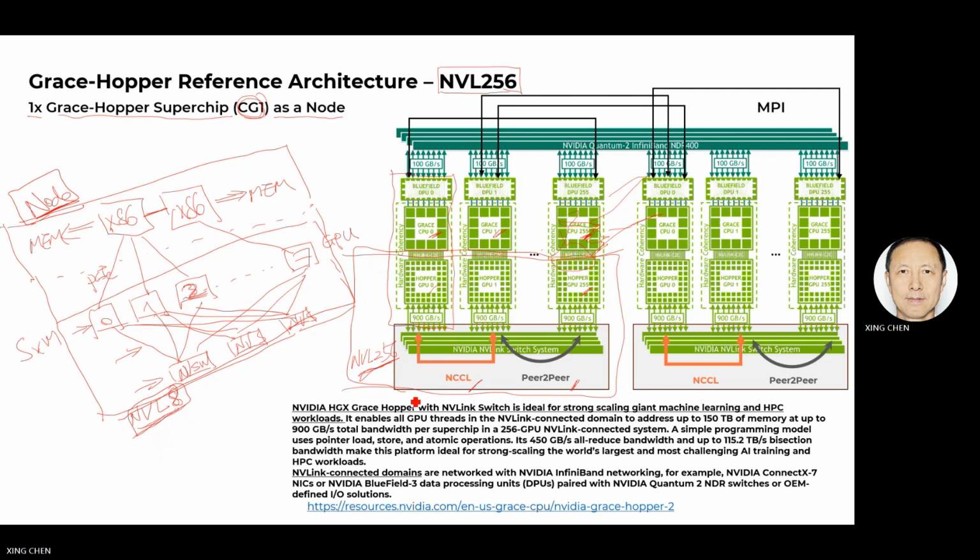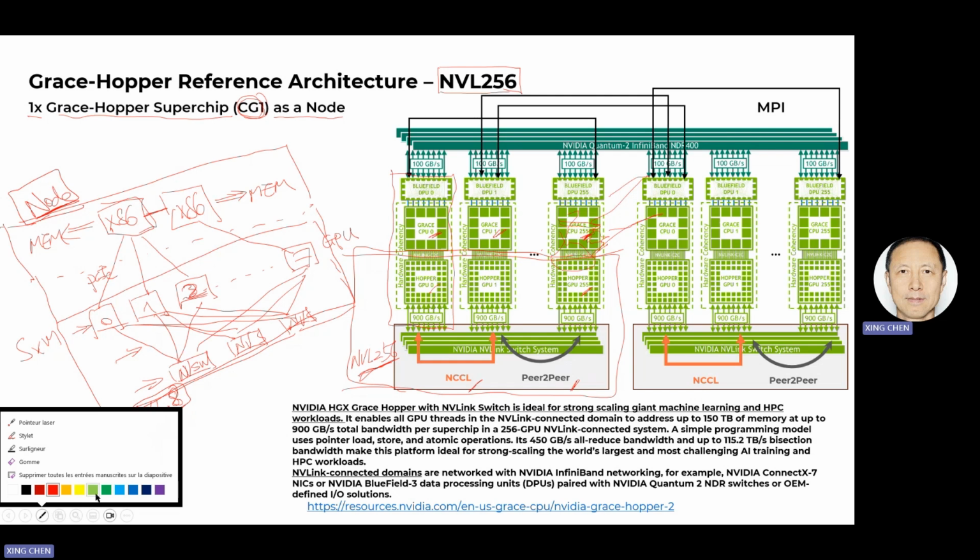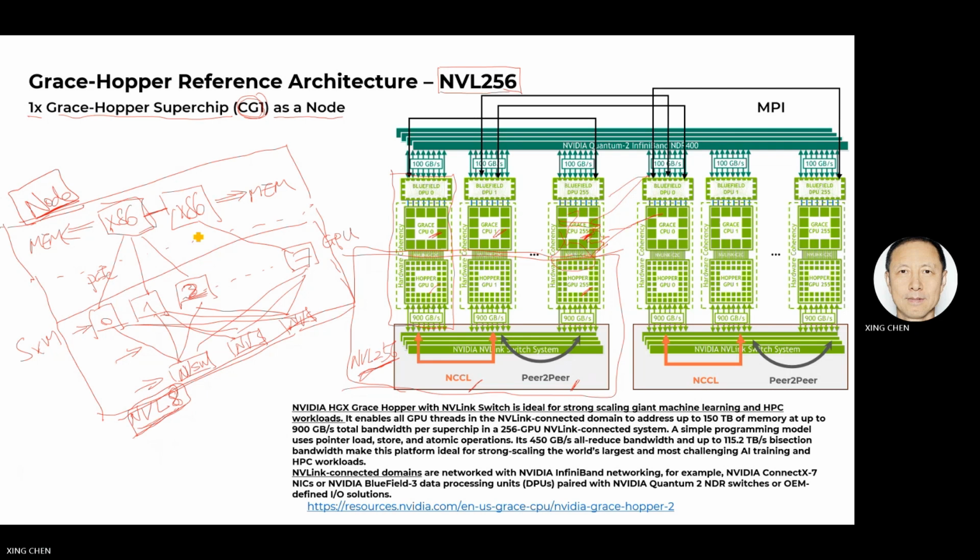But since the very early days, even with this kind of system, there are two kinds of communications that are possible within an NVL domain. The first one is the communication between the GPUs. You can use this NVLink network to send messages.